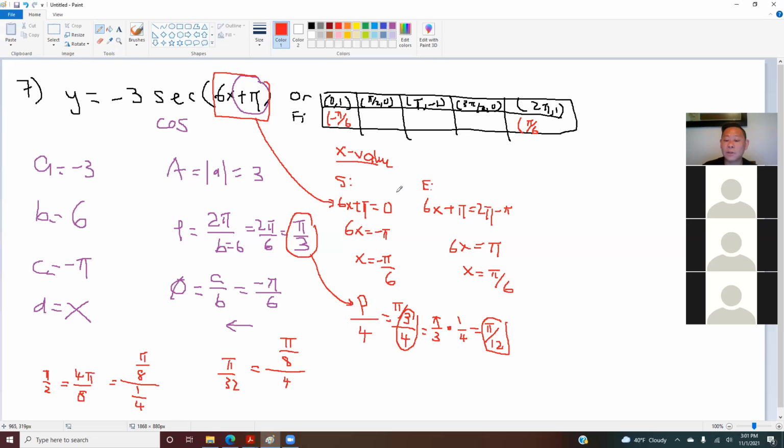Okay, so what we do here is we have to add pi over 12 to this. So we have negative pi over 6 plus pi over 12, because this is our first thing, we're going to add pi over 12 here. So we can multiply this by 2 to make it 12. So this is actually negative pi over 12. When you add pi over 12 to this, you get negative pi over 12.